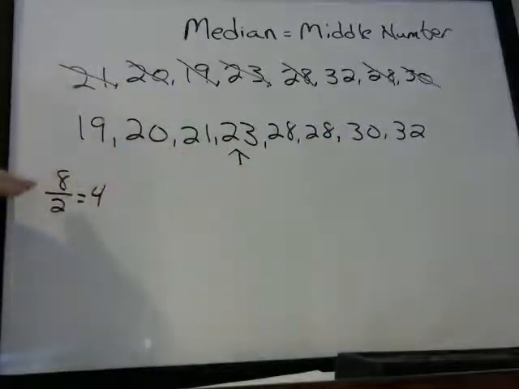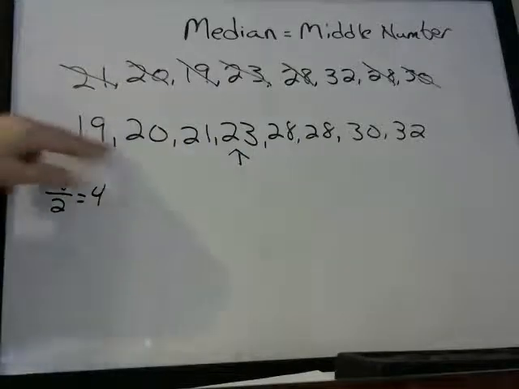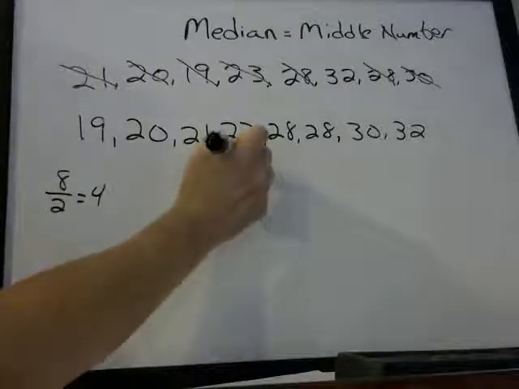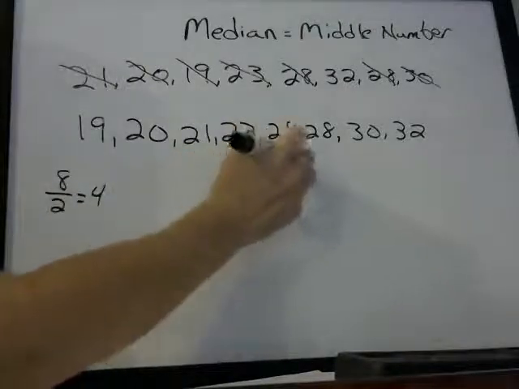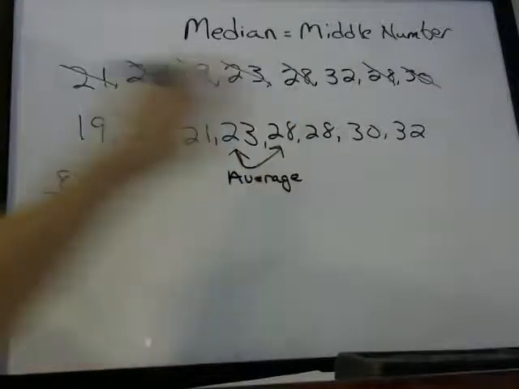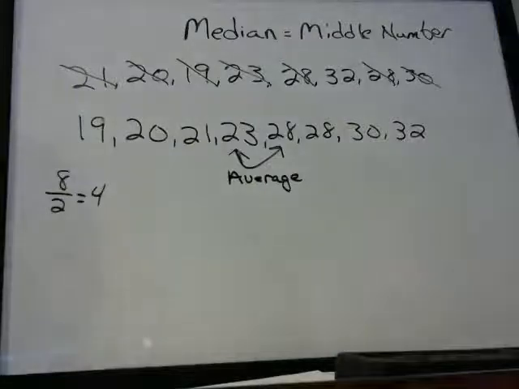What you have to do if you have an even number is you can still divide by 2, you get 4. So you take that number and the number beside it, and you're going to calculate the average or the mean. I just did a video on the mean posted last week. So if you don't know how to take the average or the mean of two numbers, you should watch that video.